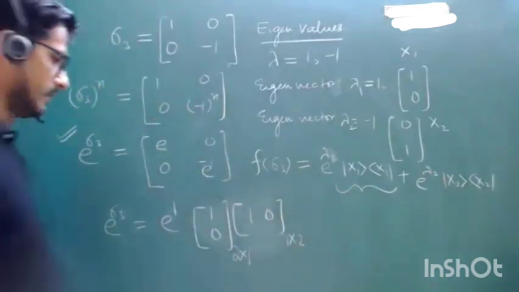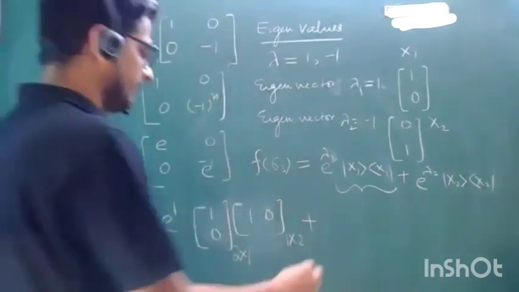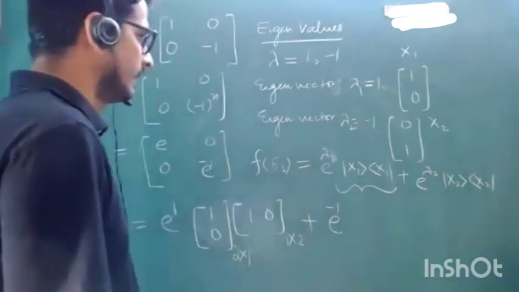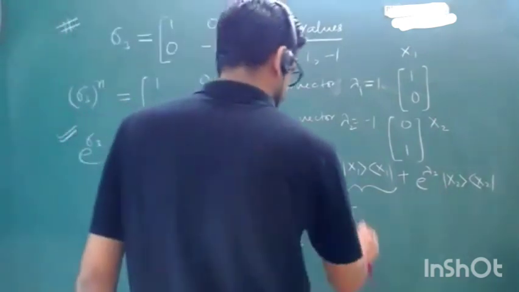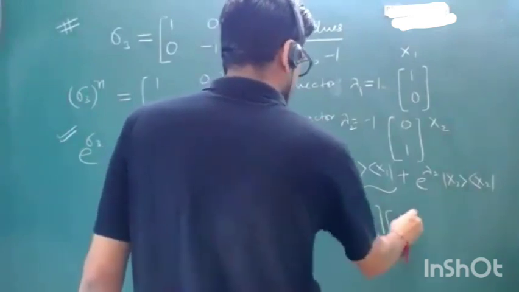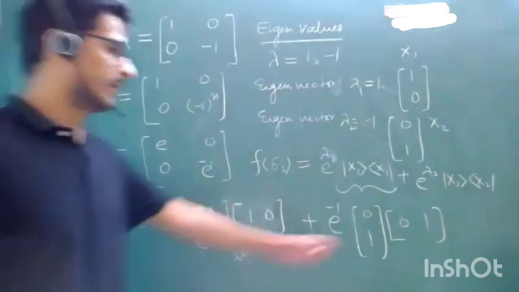Okay, and plus here it will become e to the power minus 1 and then 0 1 and 0 1.